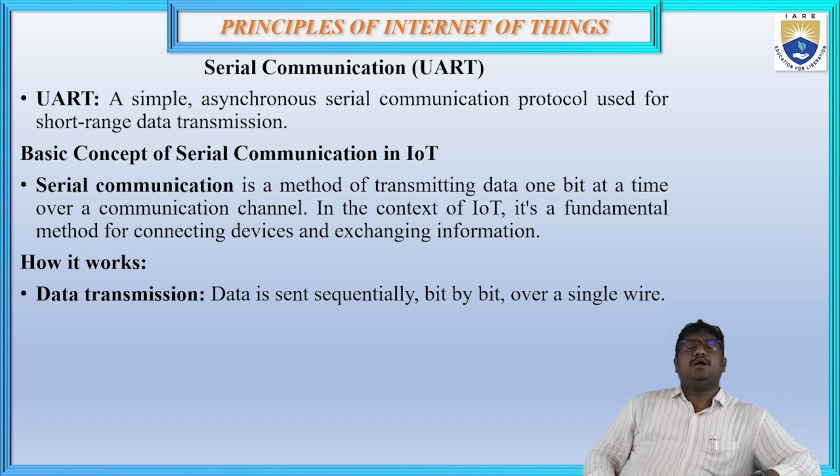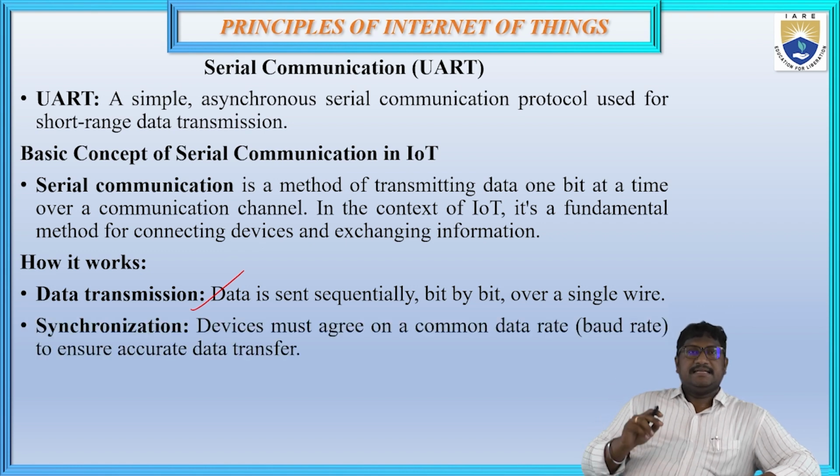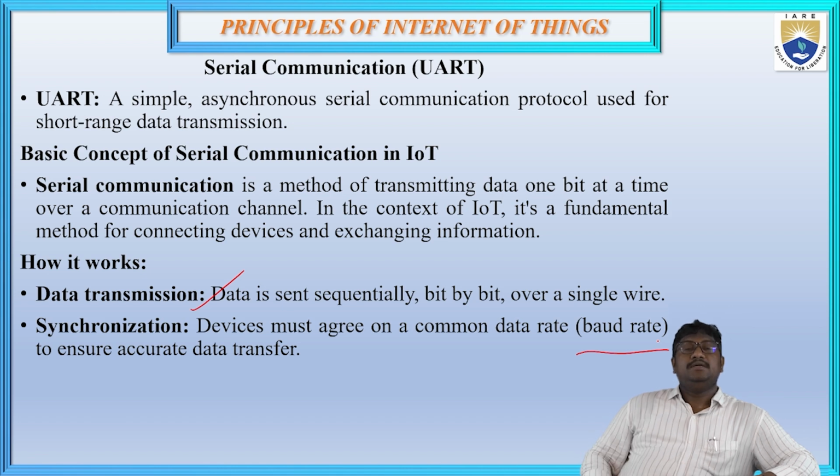How is it going to work? Based on your data transmission. The first factor is data transmission. Data is sent sequentially, bit by bit, over a single wire. Then synchronization. Here the devices must agree on a common data rate, which is the baud rate, to ensure accurate data transfer.